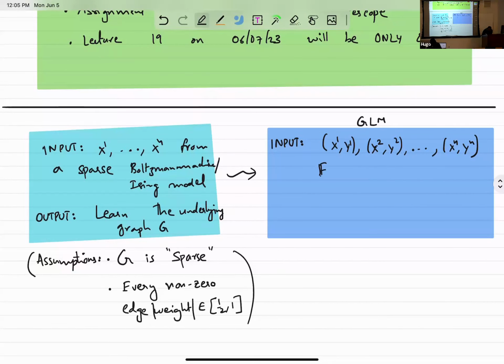And the assumption is that the yi's are 1 or minus 1 valued, and the probability that y equals 1 given a particular example x was a sigmoid function.